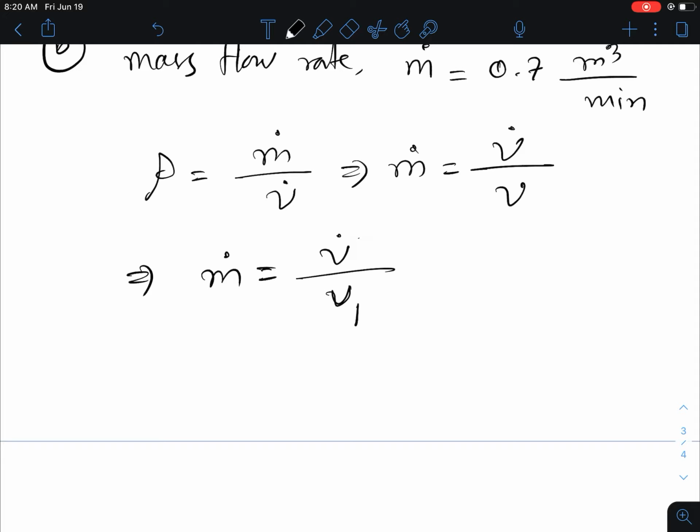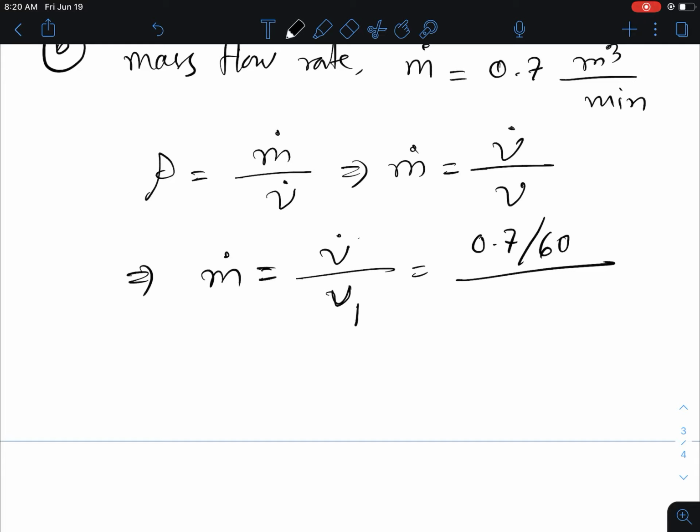This is the specific volume of the refrigerant at the condition of state 1, right? For this one we know 0.7 is in meter cube per minute, so we have to convert it to seconds. To convert to seconds, we have to divide it by 60.